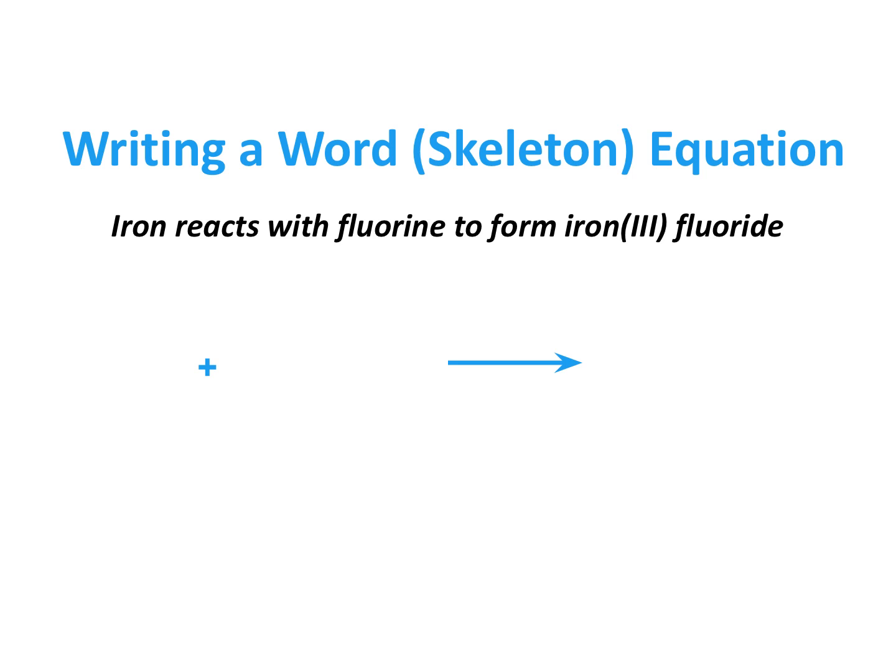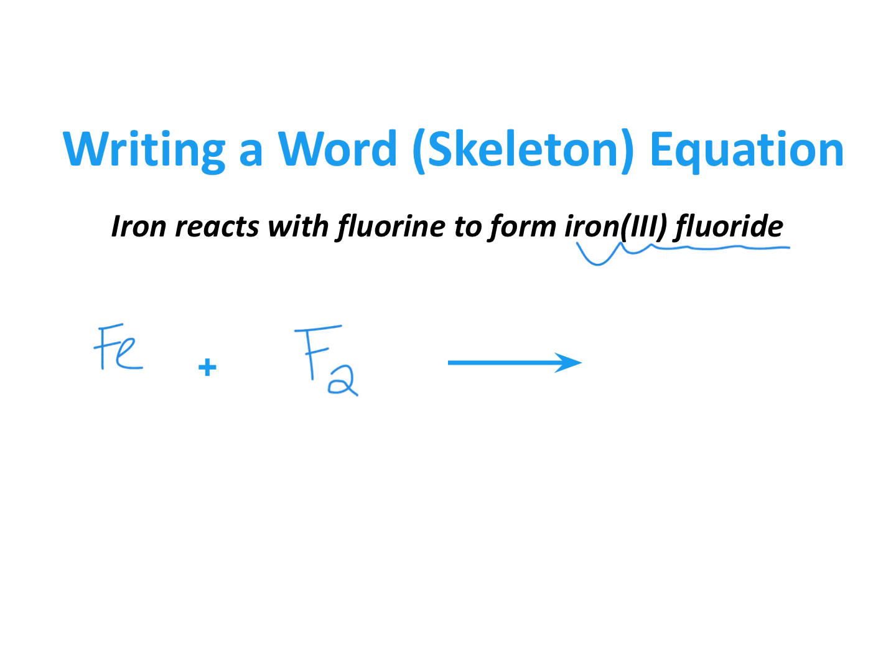Let's go ahead and write another practice problem with that. So we have iron, which is Fe. Iron is not diatomic, so we don't put that 2 down there. And it's reacting with fluorine. Fluorine is diatomic, so we have to put that 2 there. Now we have iron 3 fluoride.